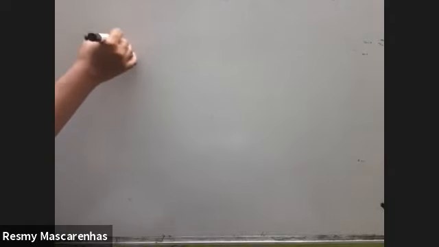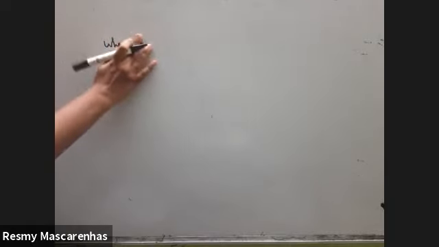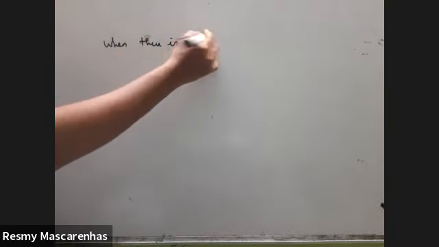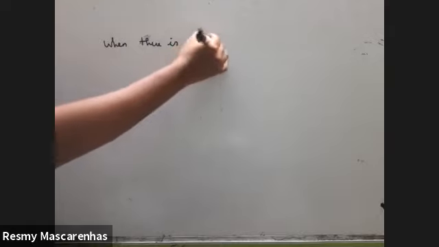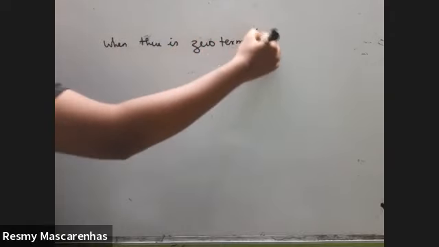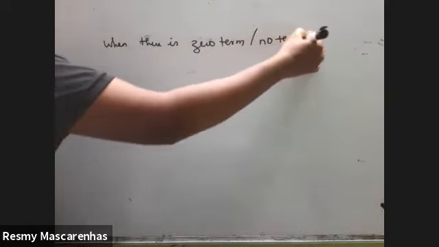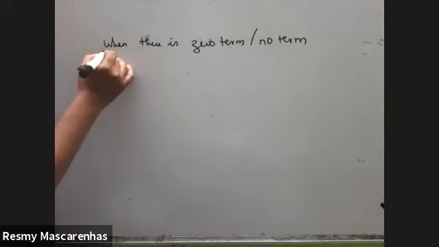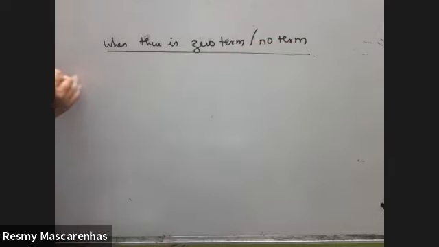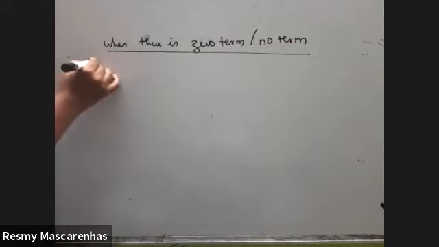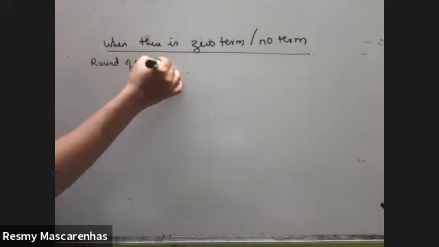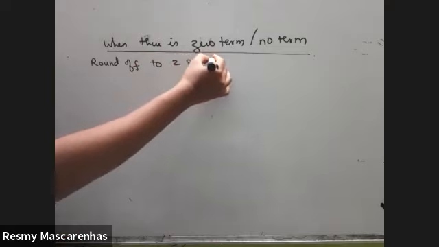Next is when there is a zero term or no term. No term means it will be equivalent to there is zero there. The first factor. Again, we'll round off to two significant digits.